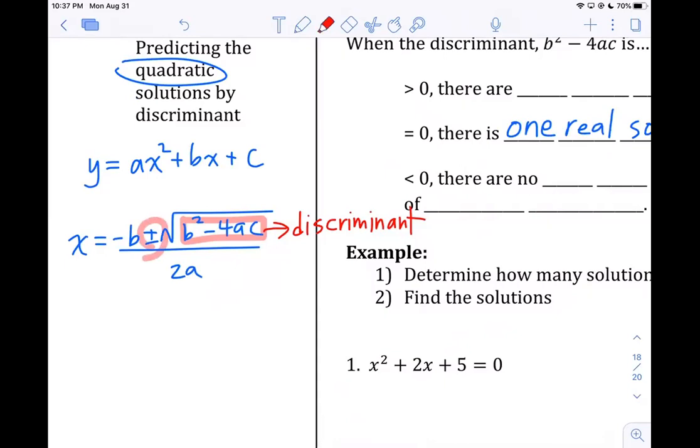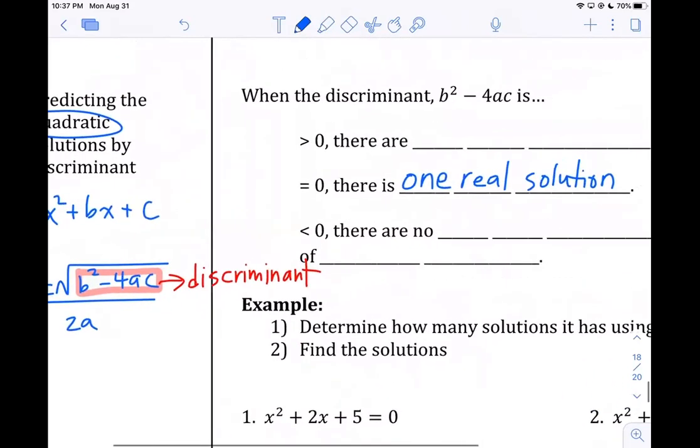Plus minus means there are two answers, and so we will have two solutions. Again, the question is, what kind? What if it's a positive number inside the square root? Then we would get a real number. So two real solutions.